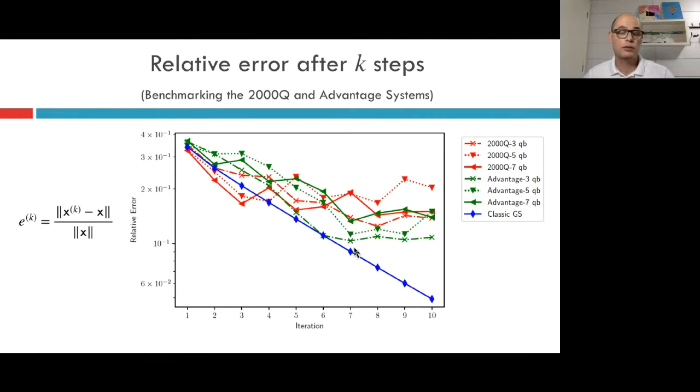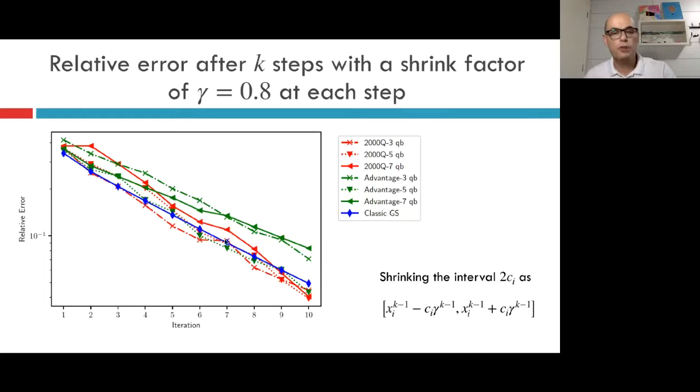But the question is, is it possible to overcome this problem obtained by the quantum machines? The answer is yes. Our strategy here, observe that the same quantities are in this picture. The idea is to shrink the interval in which the components xi are calculated. After each step of the iteration process, there is a shrink factor, gamma, that's 0.8 here.